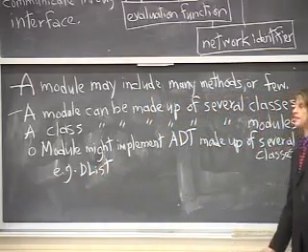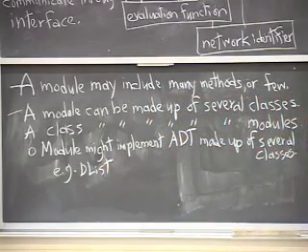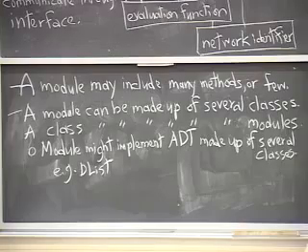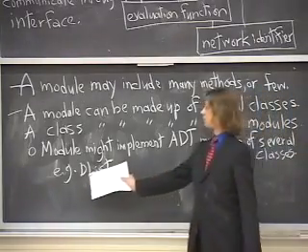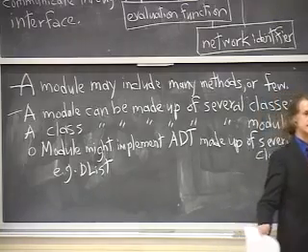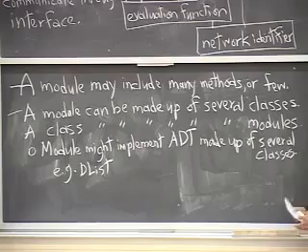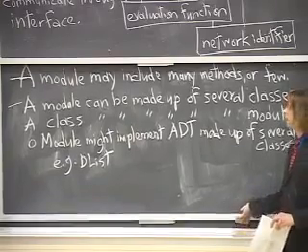Any reasonable list ADT requires at least 2 classes. You need a list class and a list node class, and I've talked in previous lectures about why it's good to have those separate from each other. So there's an example where one logical module is made up of 2 classes, DList and DListNode, or maybe more if you throw in a list superclass and a test helper and other classes.